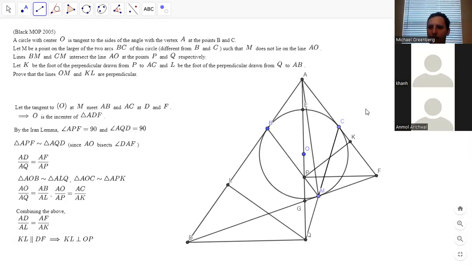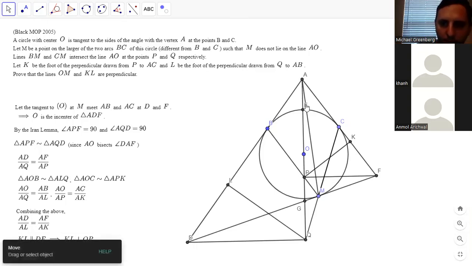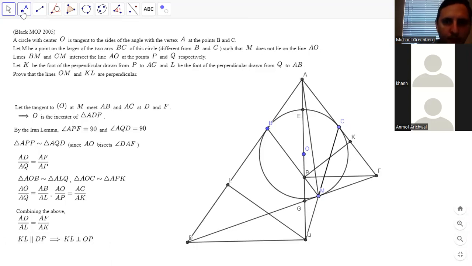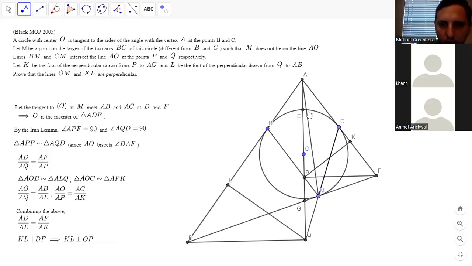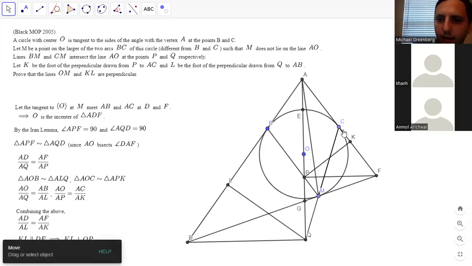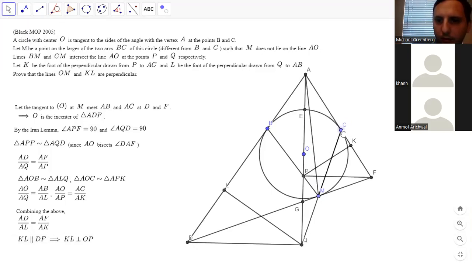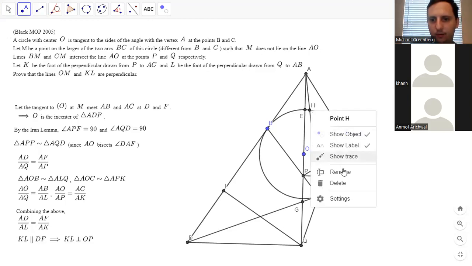So MA, MB, MC, let it intersect the circle. Yes, we know PBQC is cyclic. Yeah, cyclic, and harmonic. So it's harmonic.